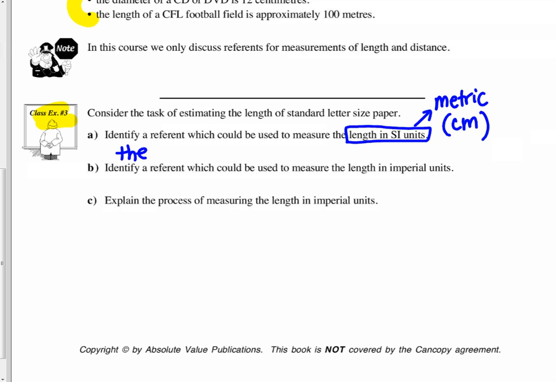The width of your pinky, or you can say fingernail, depending on which one's closer. I like pinky better. You could take your piece of paper, line up your pinkies, and start counting. 1, 2. Have you done that before in elementary?